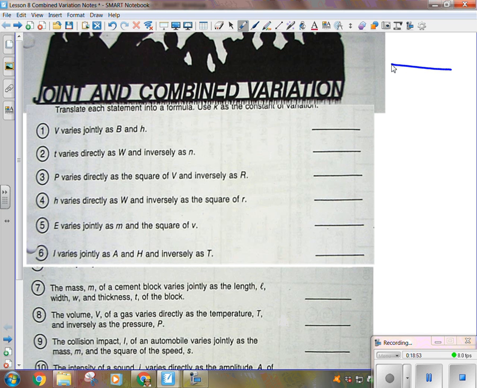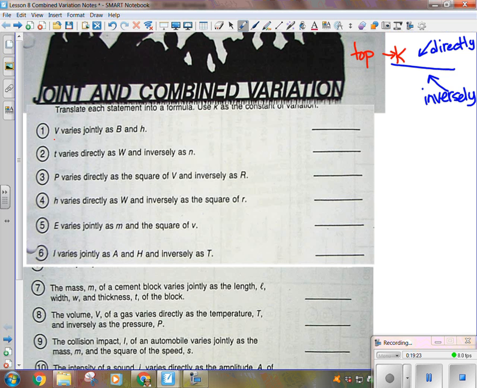Put a bar. Anything that's on top will have the word what? It will have the word directly mentioned. If you put a part on the bottom, it would have what word? Inversely mentioned. When it comes to putting your constant K in an equation, constant K will always go on the top of a fraction.